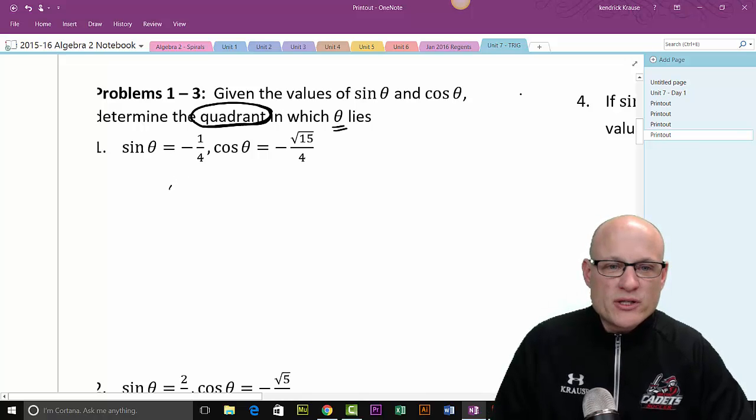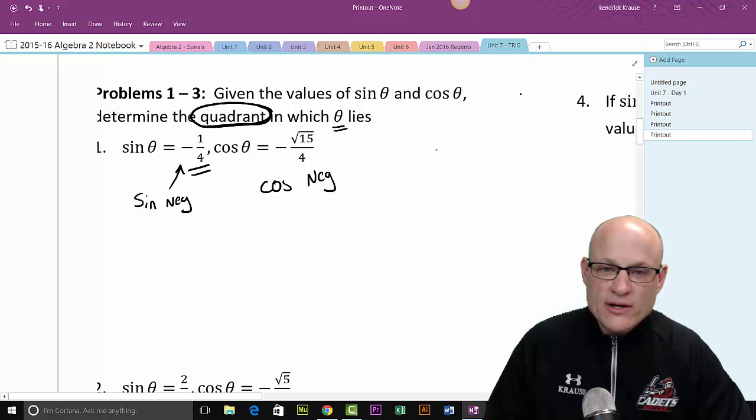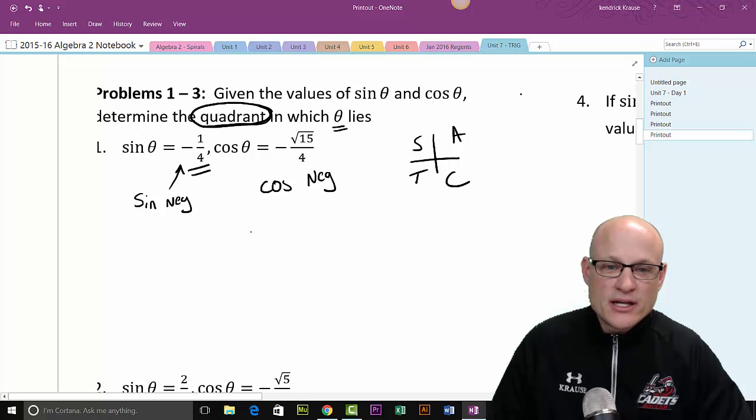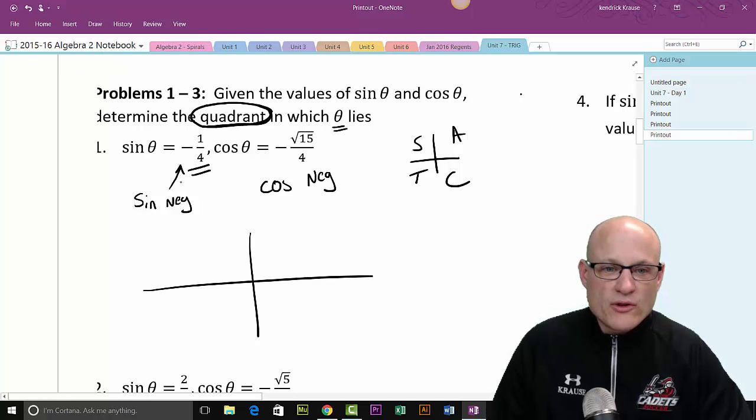So what I'm telling you here is sine is negative. I don't care the fact that it's 1/4. I care that it's negative. Here, cosine is negative. So if I remember this, all students take calculus, I come down here and I say, okay, I'm going to put little check marks where this is true. All things are positive here, so I'm not going to put a check mark here. Sine is positive in this area, so I'm not going to put a check mark here.